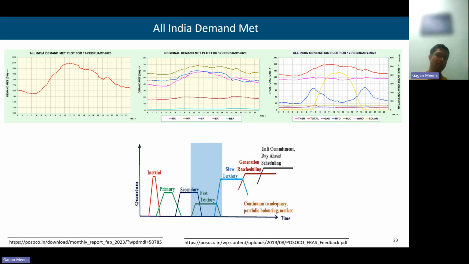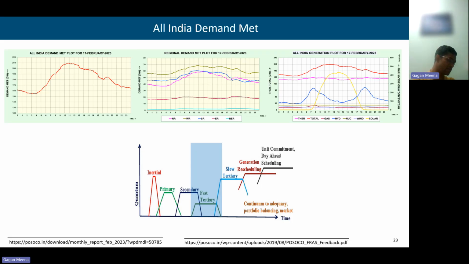Inertia is there. That is the first one, and its time is a few cycles. Then next is primary, then secondary, and then tertiary.